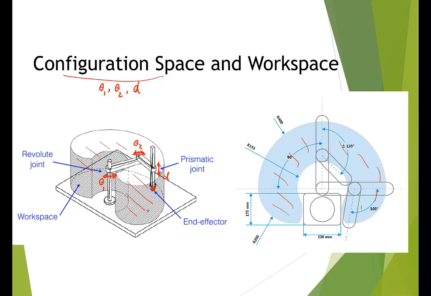The workspace is where the end effector can be, and it usually has 6 parameters: x, y, z position of the end effector and its orientation around, let's say, x, y, z. And the goal of the modeling is to find a function that gives us the workspace as a function of the configuration space.